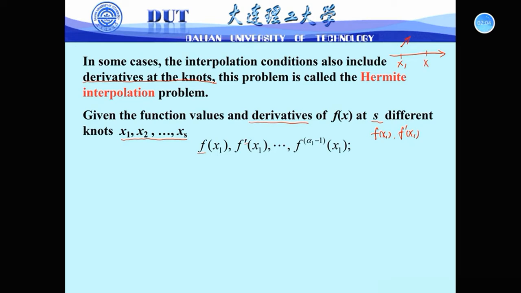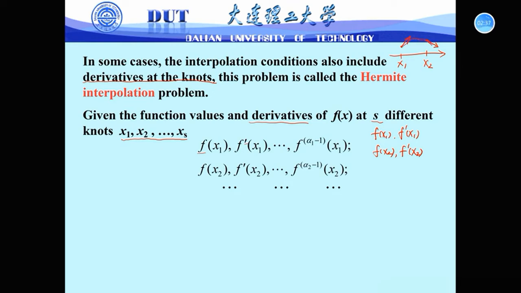And we are given another point, x2. We also consider the function value and some derivatives. Of course, here the order may be different, and maybe we can choose f(x2) and f prime (x2). That means we are given another point and a tangent line. So we need to find a simple function passing through the two points and starting from this point with the tangent line.